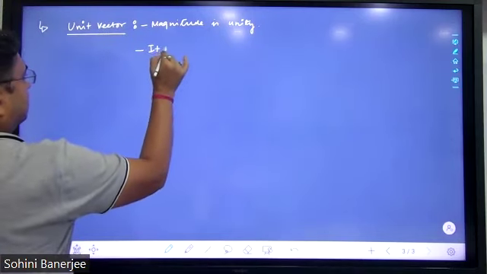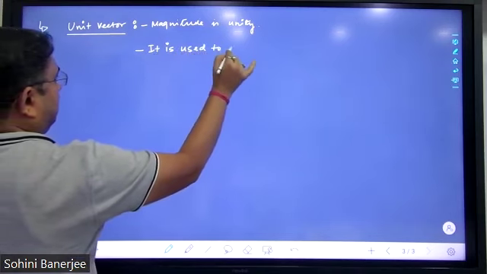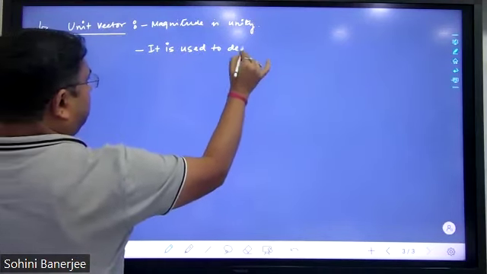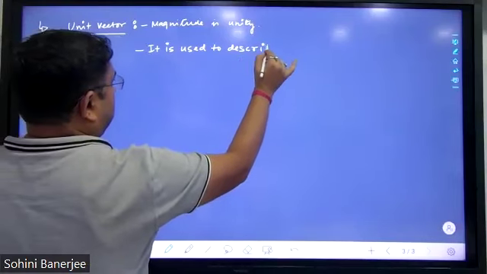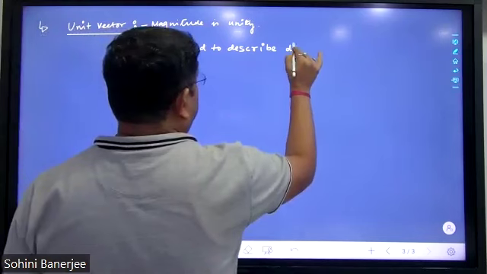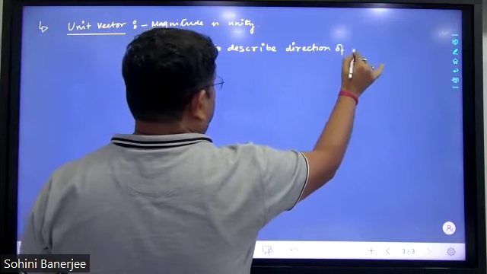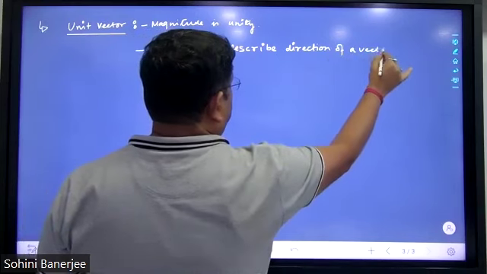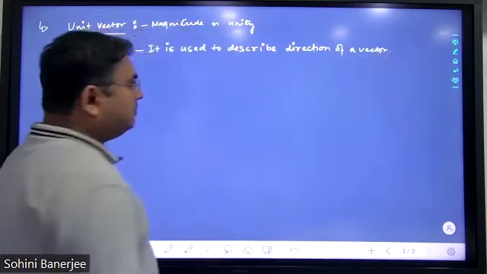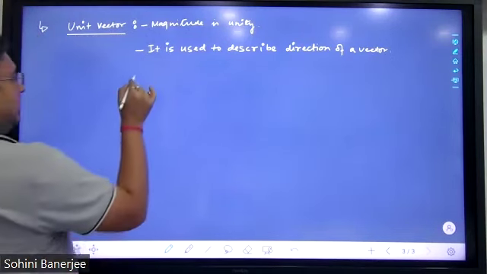It is used to describe direction of a vector. The utility is to represent the direction. How do you obtain it?